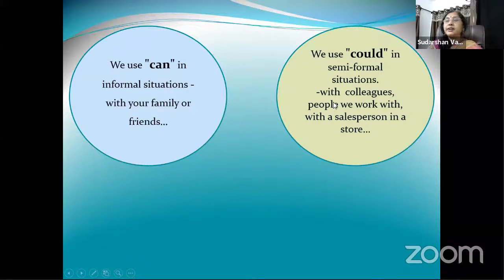That is, with colleagues, people who work with us, with a salesperson in a store, etc. With anybody, with a stranger. With a stranger, you cannot be very informal. You have to maintain a sense of formality, but it is not totally formal either.